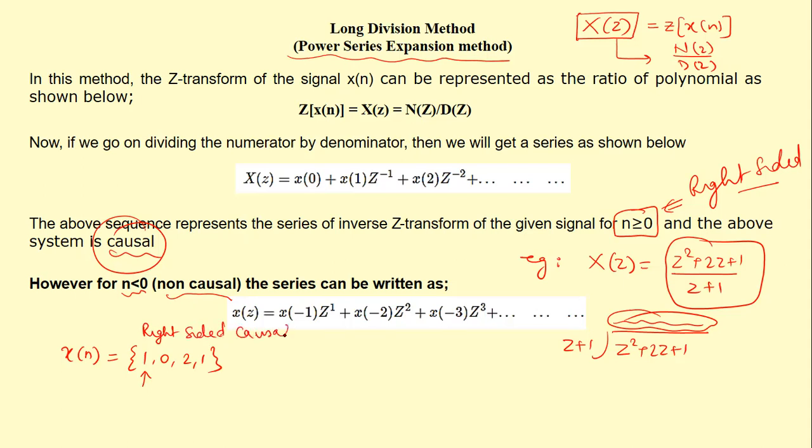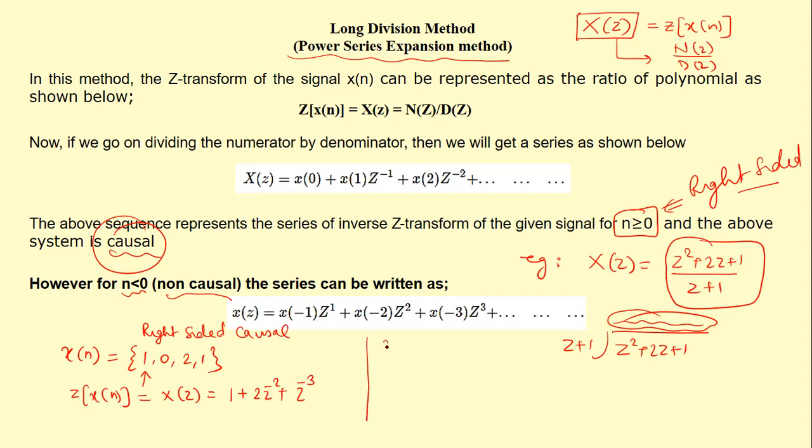Now, if we take the Z transform of this one, we will get X(z) equal to 1 plus 2z to the power minus 2 plus z to the power minus 3.